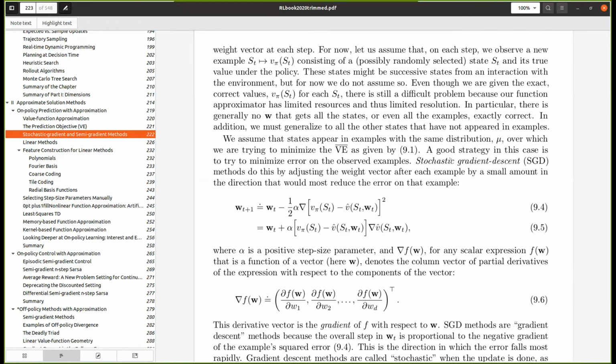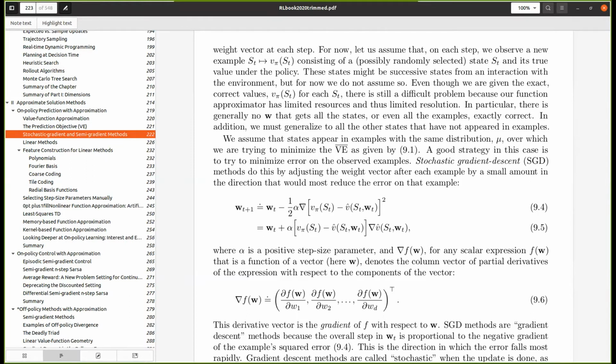So the stochastic gradient descent, right? Here we try to find W sub t plus 1 as W sub t minus 1/2 of alpha, which is our learning rate or step size for the gradient descent. We usually call it learning rate in machine learning, but in optimization in general, this is just a step size for the gradient descent.